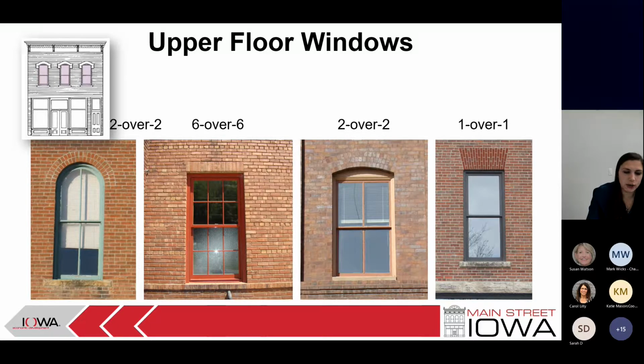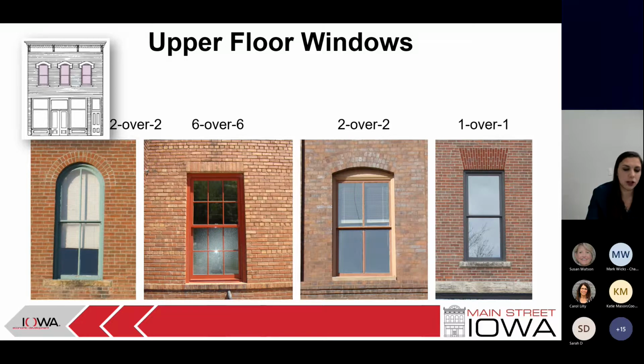The windows themselves were traditionally single or double hung windows, meaning that they have 2 portions or 2 sashes. And in a single hung window, which is the most common that we see today, that lower portion slides up. So the lower sash slides up to open the window. And windows can have a different number of individual panes, or as we refer to them, different lights.